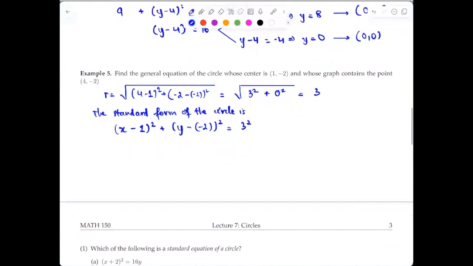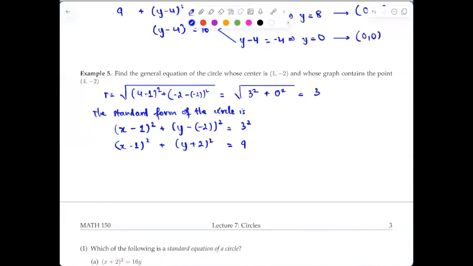Yes, that's what I get. Simplify it, you get x minus 1 squared plus y plus 2 squared equal to 9. So this is the standard form of the circle, right? What are you looking for? You're looking for the general form of the circle.